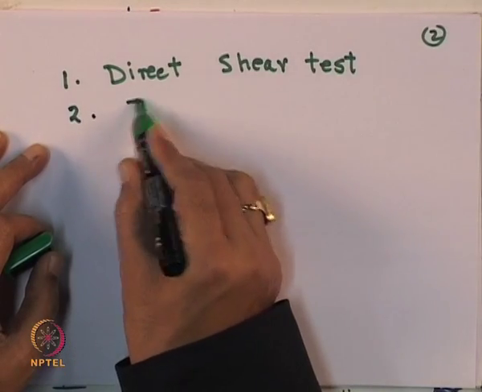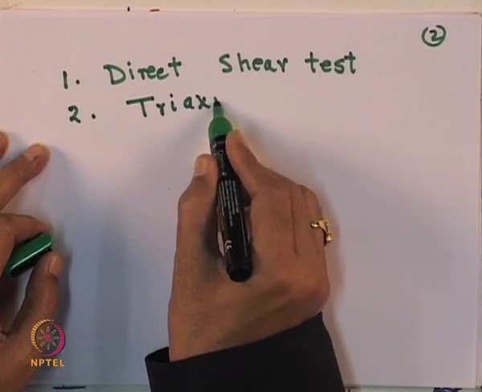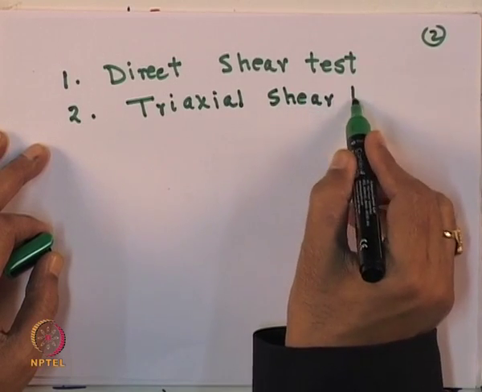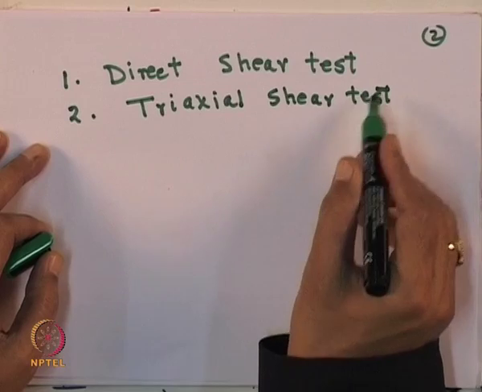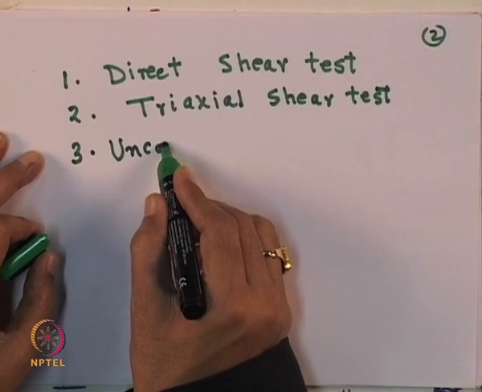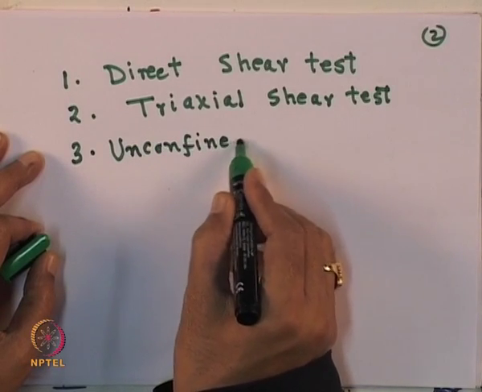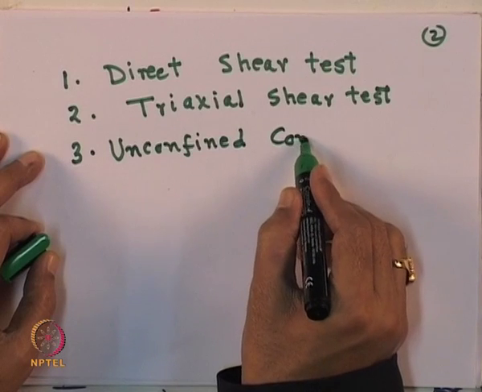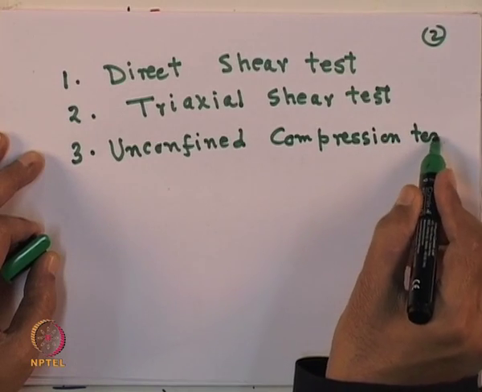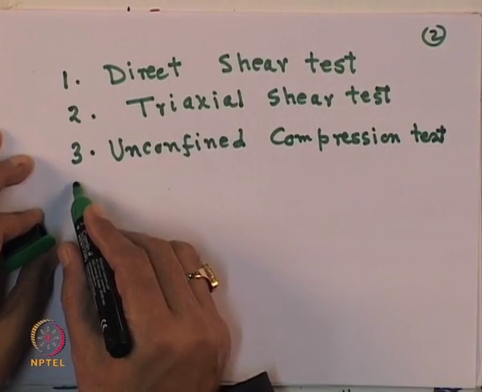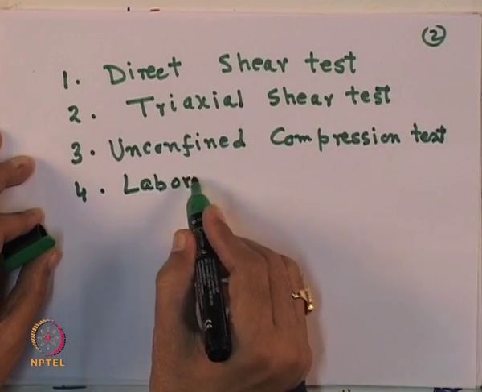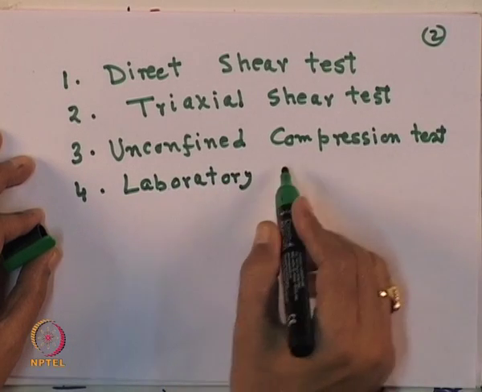Second is the triaxial shear test, third is the unconfined compression test, and fourth is the laboratory vane shear test.